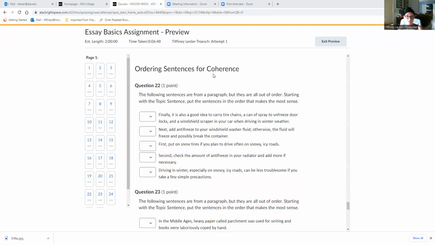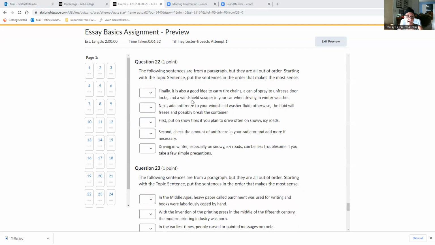Then we're moving into coherence. So you've got here in question 22, a paragraph of 5 sentences, and they are all out of order. Your job is to figure out what the topic sentence is, and then the order of the remaining sentences. Obviously, your topic sentence, you've got a drop-down menu here, see? Your topic sentence should be number 1.